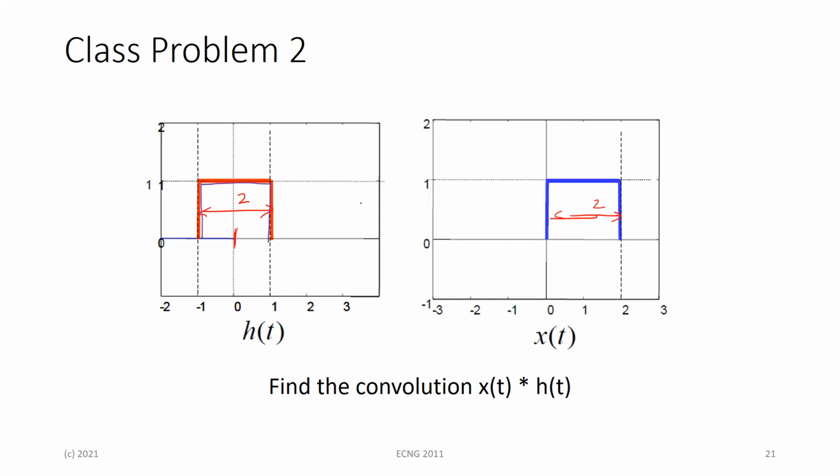H minus tau is the purple here. And if you shift it around, remember, this is the 0 point here. So if I shift it in any direction, the middle of the pulse is t, because it is symmetrical about that point. The middle of the pulse is t, so here the front of the pulse is t plus 1, and the back of the pulse is t minus 1.